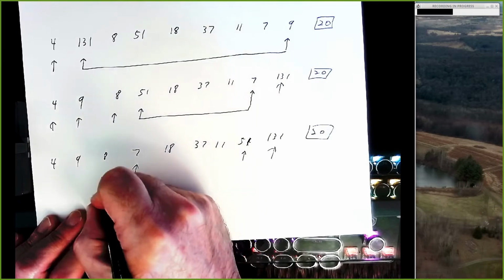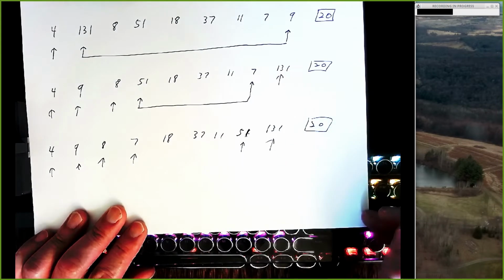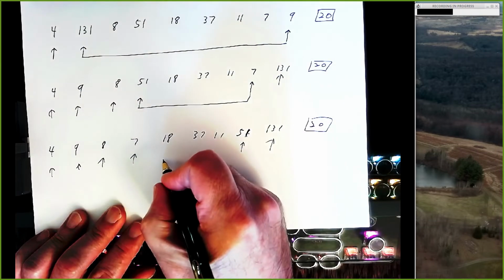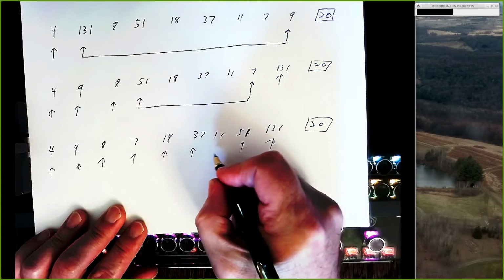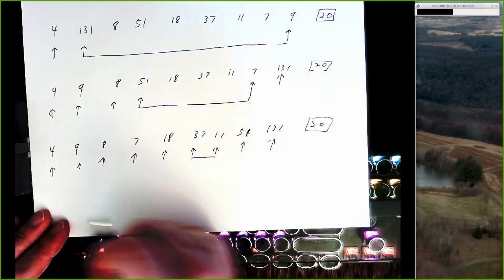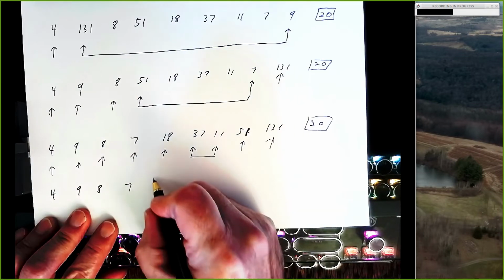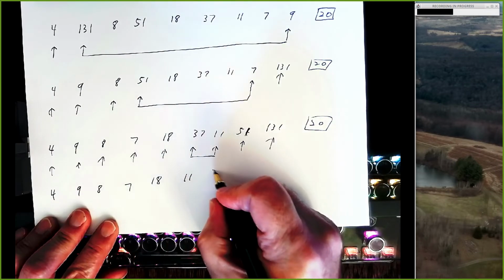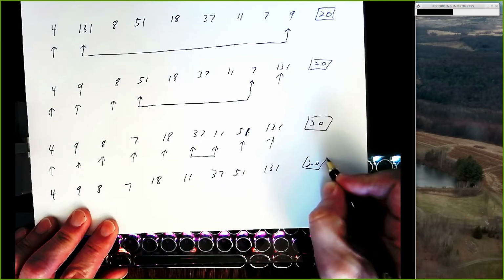And we've done our numbers this far. All right, and we go back to the left, and the same idea. 18 is fine. 37 is too big, so we swap. Start from the right. 11 is too small, so we're going to swap the 11 and the 37. It's going to give us 4, 9, 8, 7, 18, 11, 37, 51, 131, and 20.